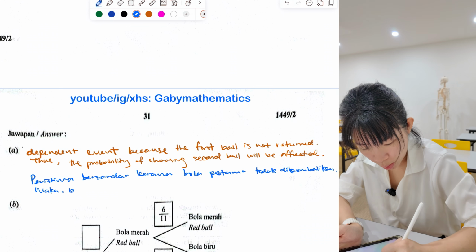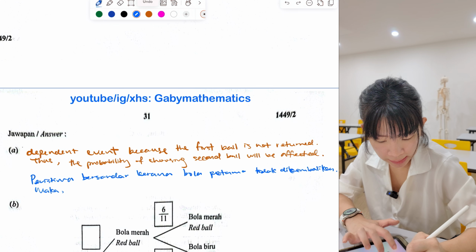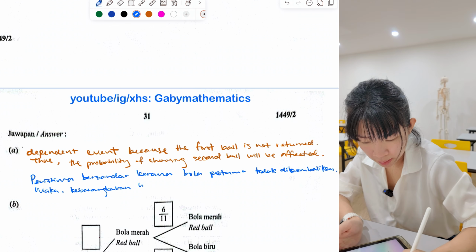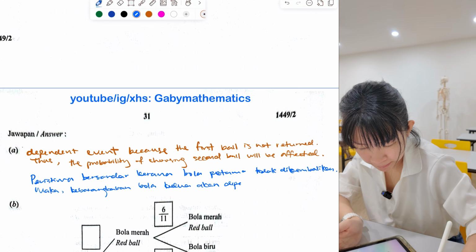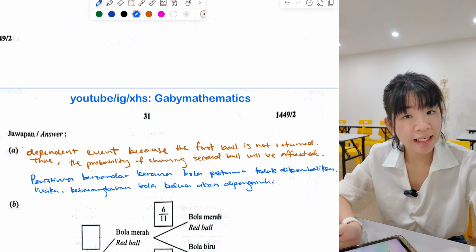Maka kebarangkalian bola kedua akan dipengaruhi. So that's why it's called peristiwa bersandar.